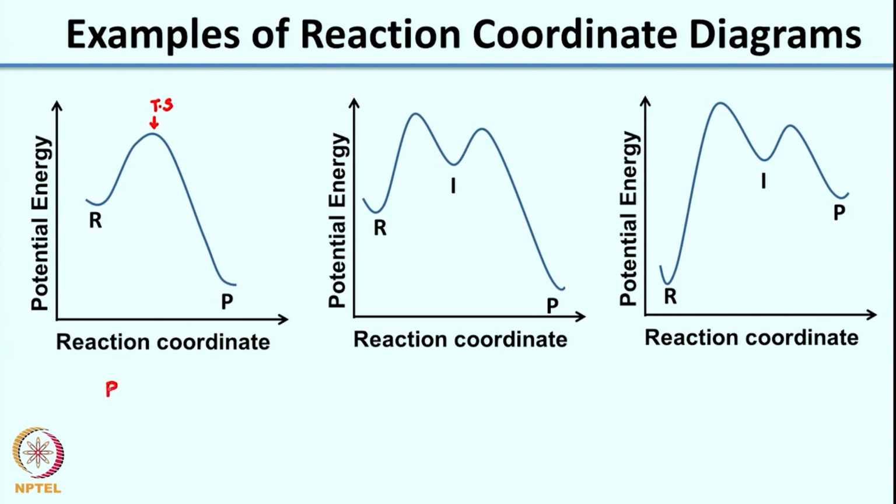So, this reaction can be represented as R going to P. Now, in the second case what you see is you have two hills. So, this reaction has one intermediate, and in the third case also the reaction has one intermediate and you have two hills corresponding to transition state 1 and transition state 2.